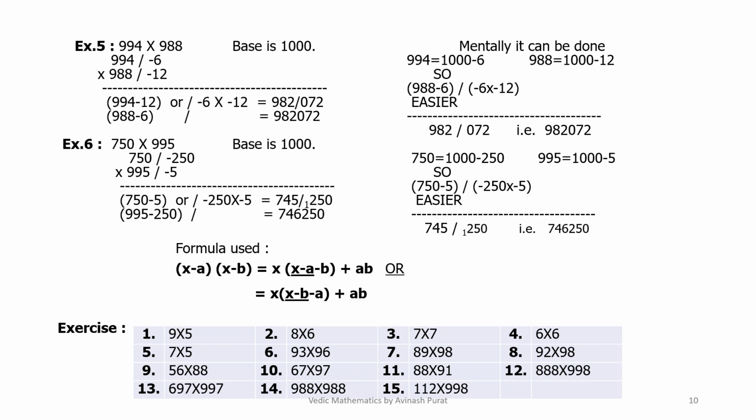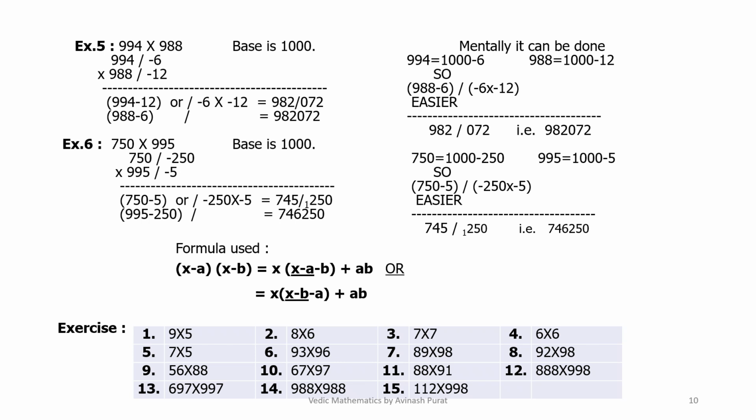So 994 stroke minus 6 multiplied by 988 stroke minus 12. The answer would be 994 minus 12, or 988 minus 6, stroke minus 6 into minus 12, that is 982 stroke 072, or 982072. Mentally it can be done.